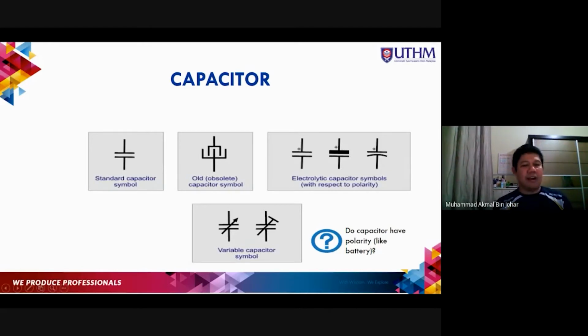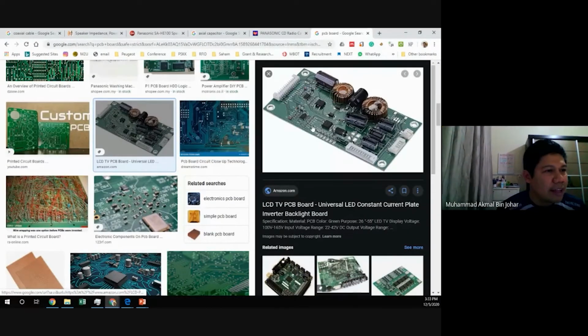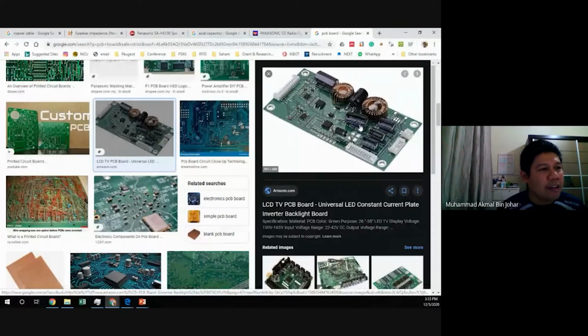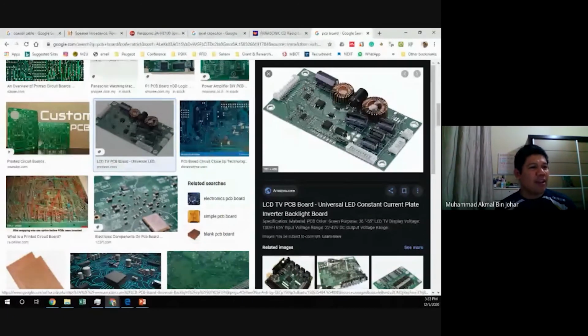Typically a capacitor that has polarity will always show it. Here you can see the negative marking, that means this leg is negative. Okay, so on the body there is a clear marking. A diode also has polarity, so it will have a clear marking for you to see, and you cannot install it the wrong way around.